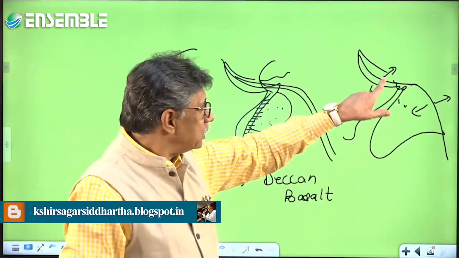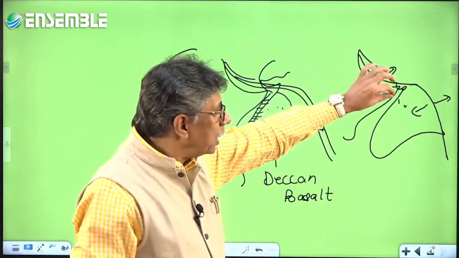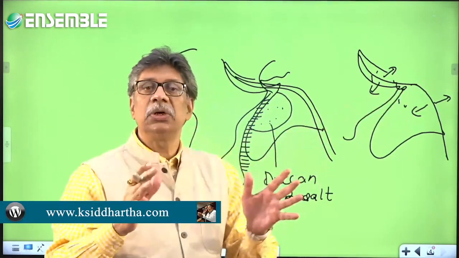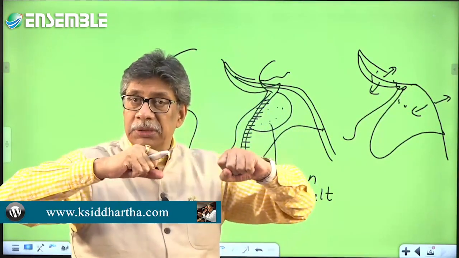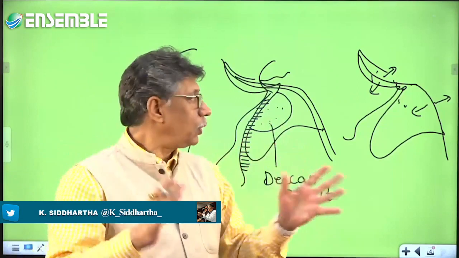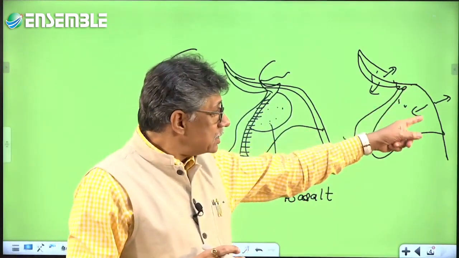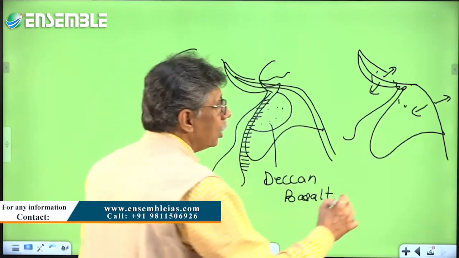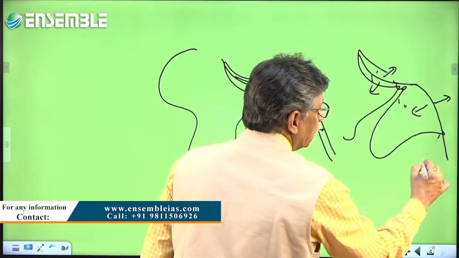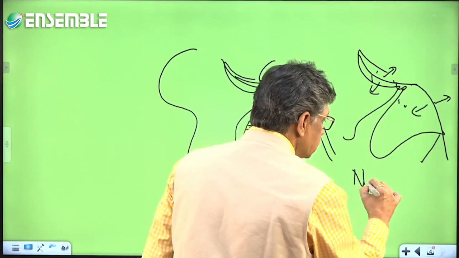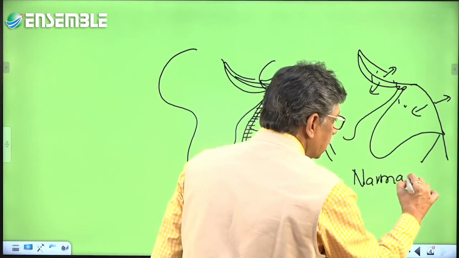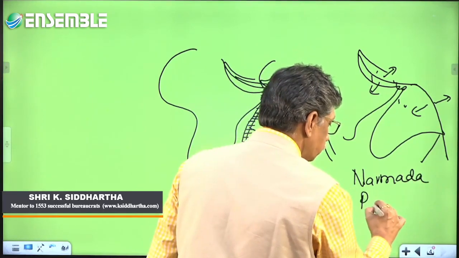But the force that was responsible for breaking this part was not strong enough. So India could not get completely ruptured. Although what happened was, a crack developed in this region. It is this crack that is now called the Narmada Rift Valley. That is where you're going to find the Narmada Rift Valley.